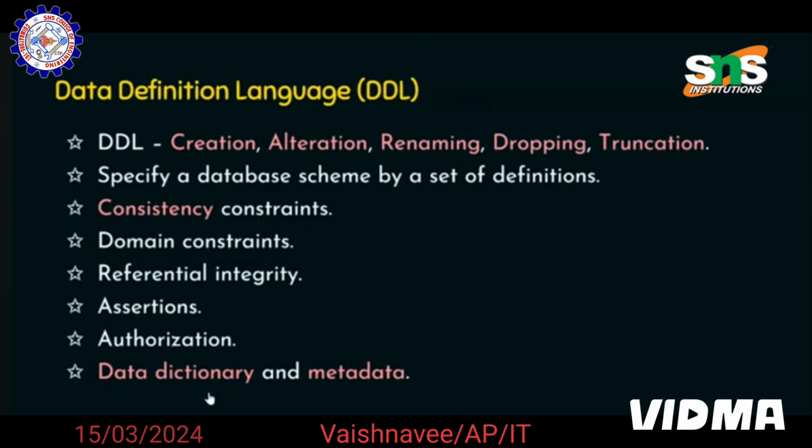The data dictionary is a special type of table that can be accessed and updated only by the database system and not by the regular users of the database, and that is why it is referred to as a data dictionary. Whenever any operation is carried out on the database, the system always consults this table, the data dictionary, before reading or updating the data in the database. Now we are done with DDL commands.